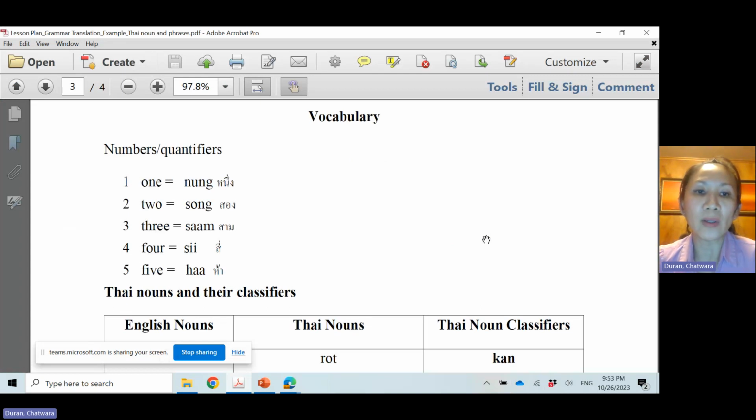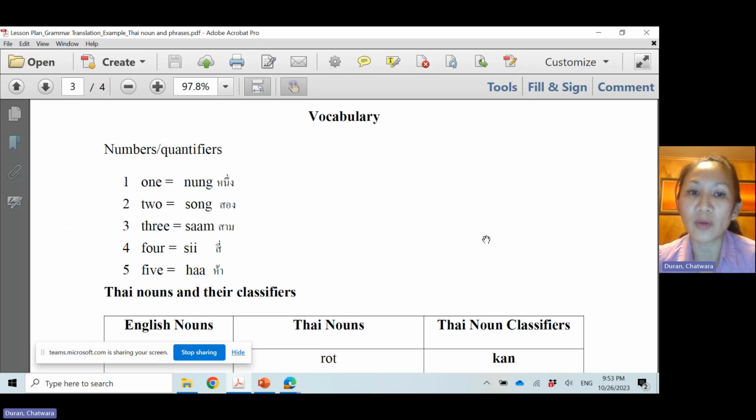So let's see the quantifier words in Thai first. We have one, which is nung. Can you say nung? Nung, okay. Then two is song with the rising tone, song. Three, sam with the rising tone, sam.